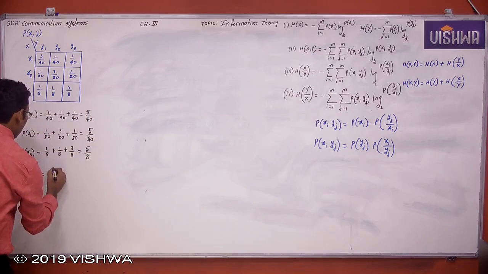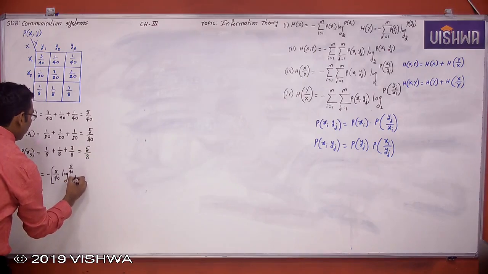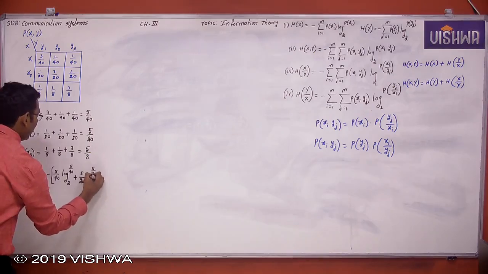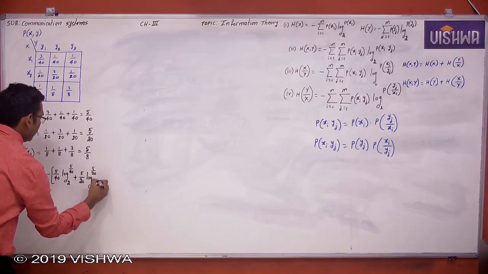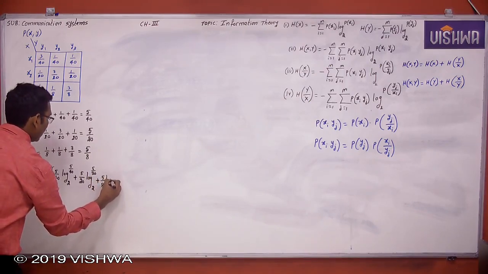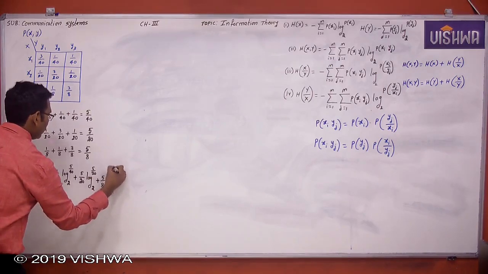So I can take the sign of minus: 5 by 40 log 5 by 40 base 2 plus 5 by 20 log 5 by 20 base 2 plus 5 by 8 log 5 by 8 base 2.